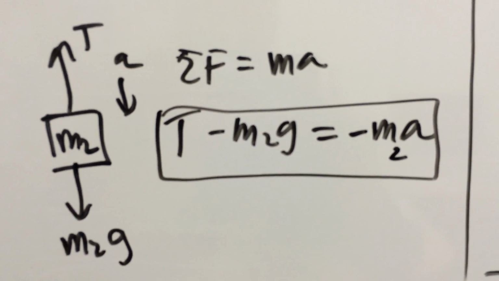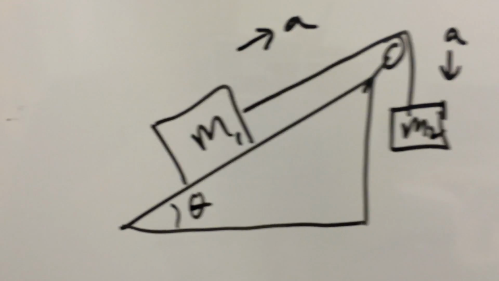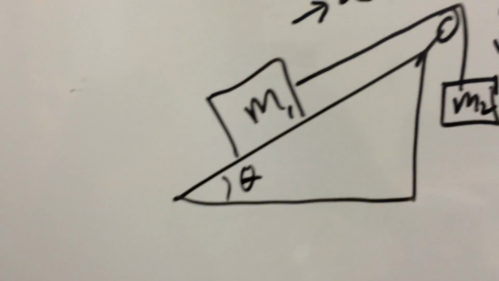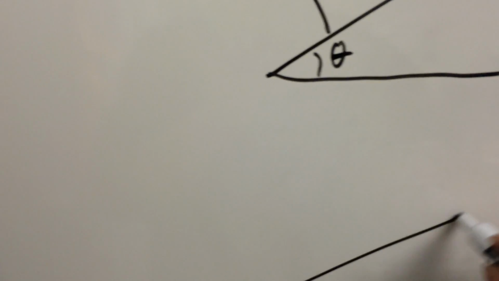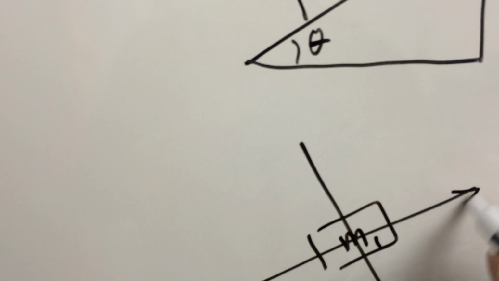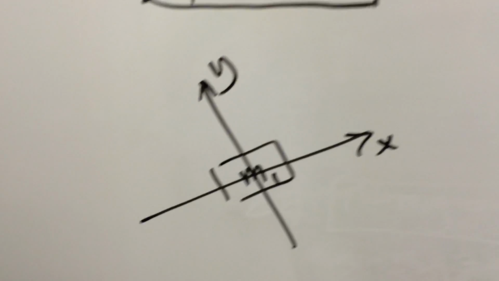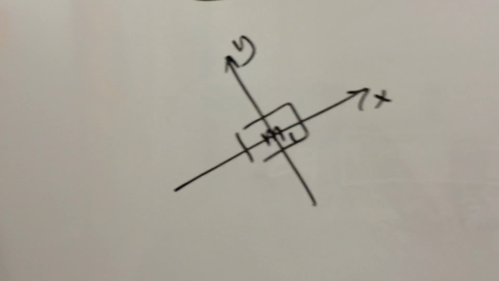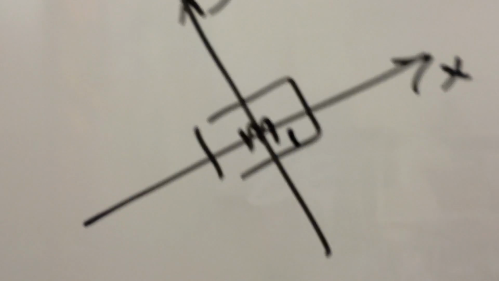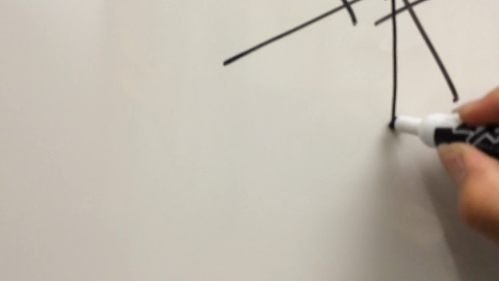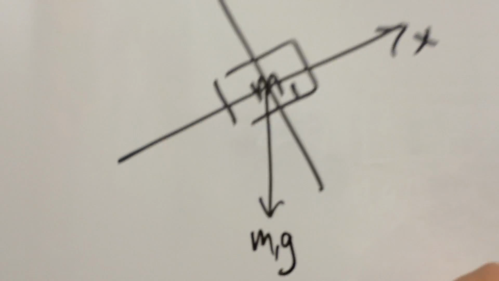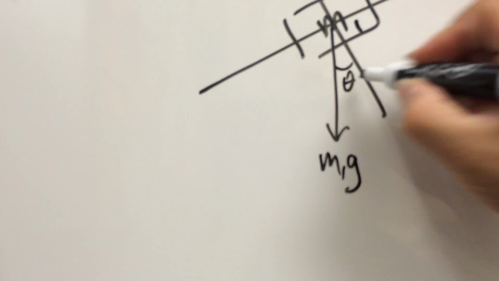Now, come back to this thing here, take a look at this and draw the free body diagram for the M1. So we do this. Now, we have this thing at an incline, and as I mentioned in the previous video, this is going to result in an M1G downwards this way, where this angle here is theta.